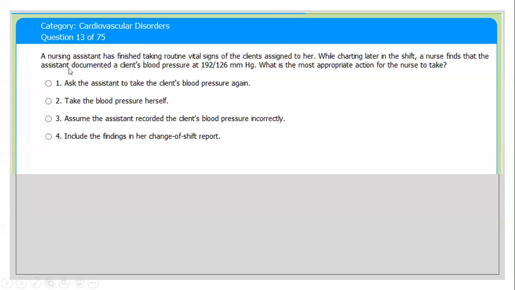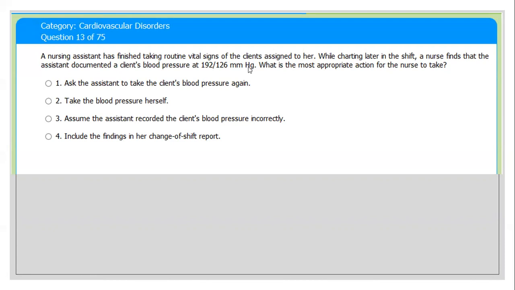What next? A nursing assistant has finished taking the routine vital signs of the clients assigned to her. While charting later in the shift, the nurse finds that the assistant documented a client's blood pressure at 192 over 126 millimeters of mercury.